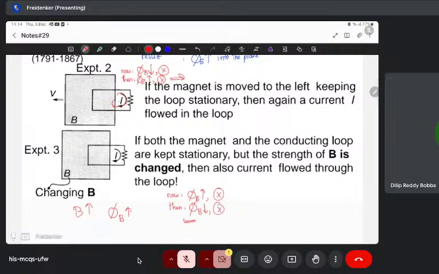But what do you mean by decreasing in the same direction? It means you want to increase the flux in the opposite direction. Now you take your thumb and point it in the out of the plane direction.